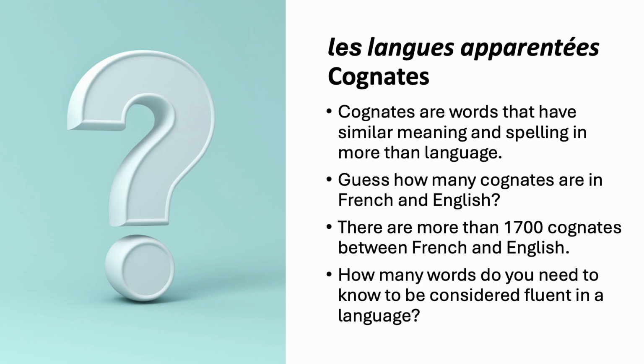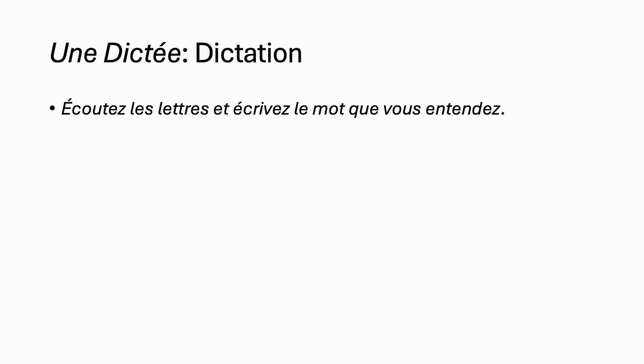How many words do you need to know to be considered fluent in a language? Take a guess. Only 2,000. So you can do this. Let me prove it to you. It's time for a short dictée. Écoutez les lettres et écrivez le mot que vous entendez.